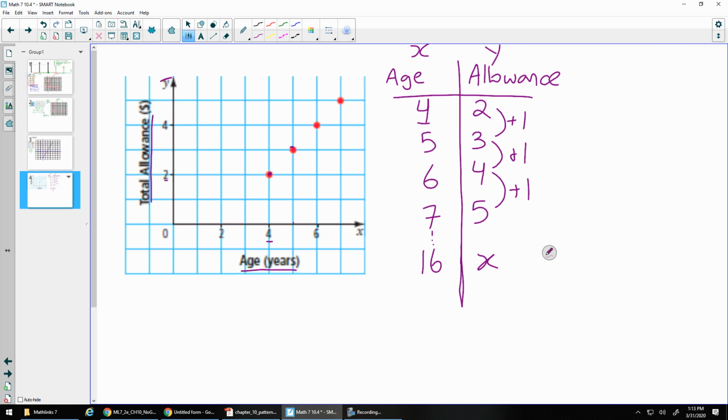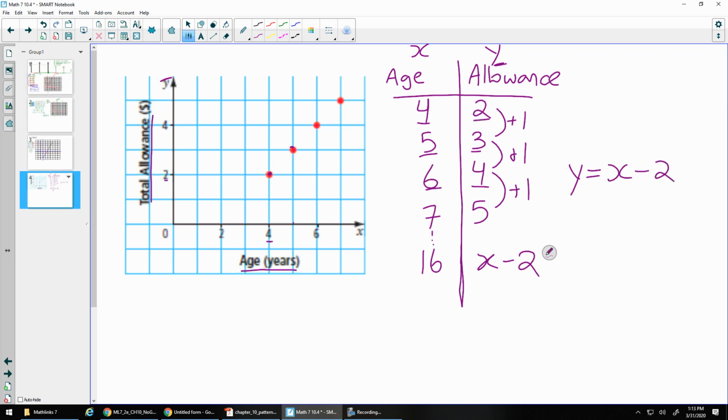So the age is 4, minus 2 is 2. When they're 5, you subtract 2 from that and you get 3. When they're 6, you subtract 2 from that, you get 4. So x minus 2 is the expression that shows the allowance. And so we have this equation, y is equal to x minus 2.